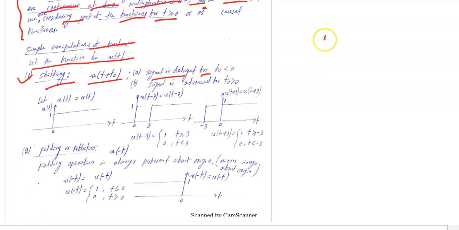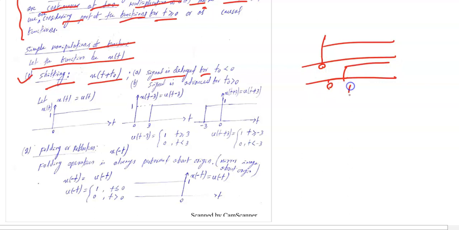Delayed means when the signal is like this, the delayed version will be like this, and the advanced version will be like this. This is delayed and this is advanced. This is the original. So for t0 less than 0, it is a delayed version. For t0 greater than 0, it is an advanced version. Example, you can check.